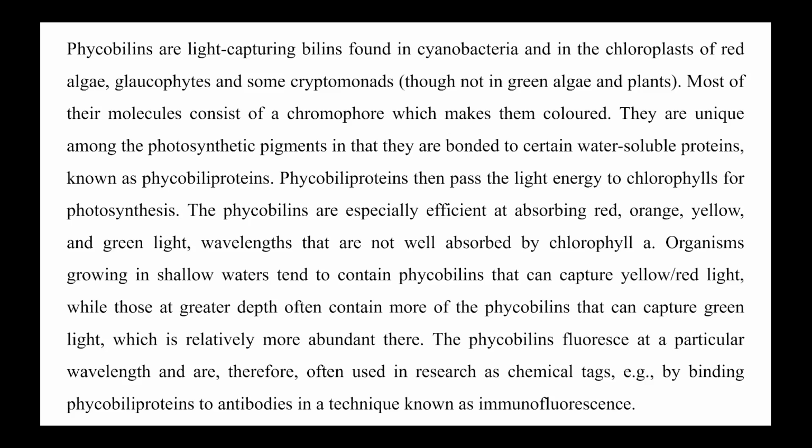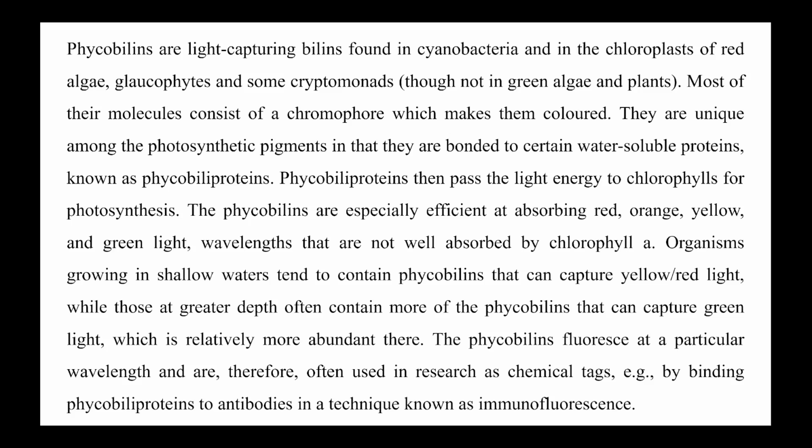Phycobilins are especially efficient at absorbing red, orange, yellow, and green light wavelengths that are not well absorbed by chlorophyll A. I told you, along with chlorophyll, multiple other pigments are present in these photosynthetic organisms because chlorophyll cannot absorb a wide range of light wavelengths.